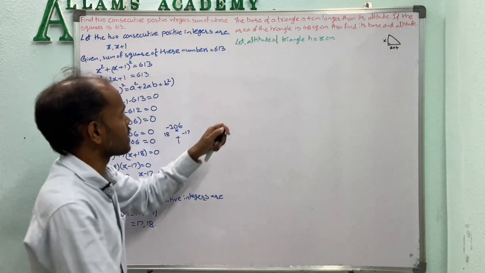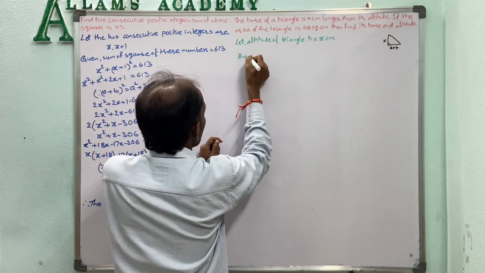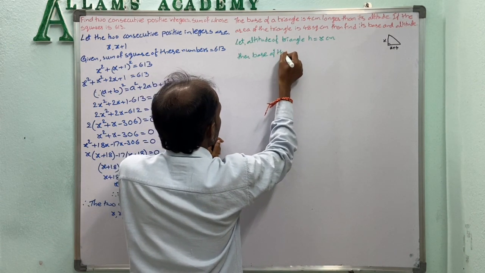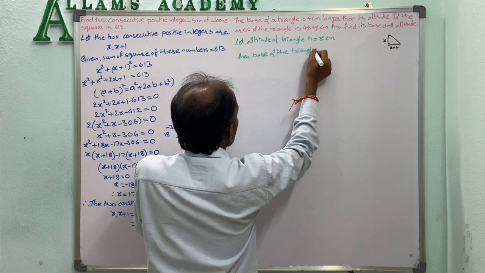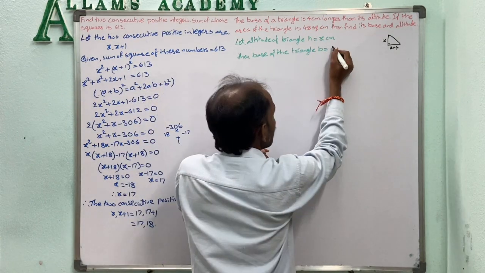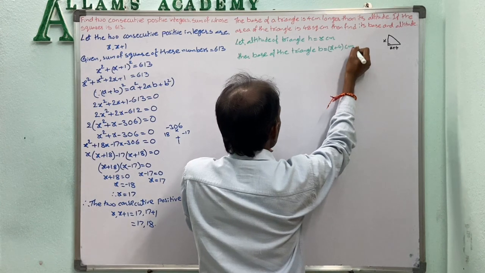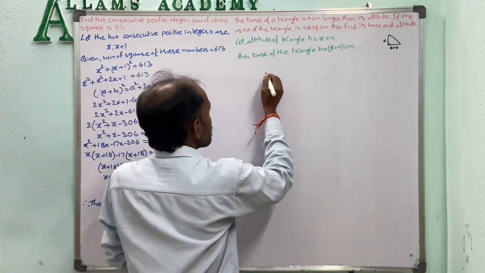Then its base, then the base of the triangle, that is 4 centimeters longer as given. So x plus 4 centimeters. And given the area of the triangle is 48 square centimeters.